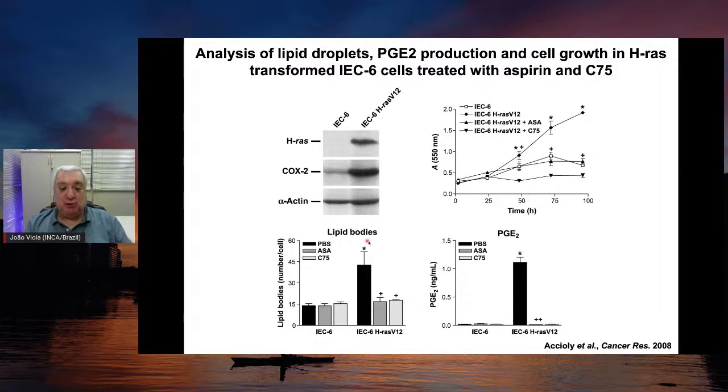Again, the lipid droplets produced by cell transformation are blocked by aspirin, which blocks the prostaglandin E2 formation and also the cell proliferation.